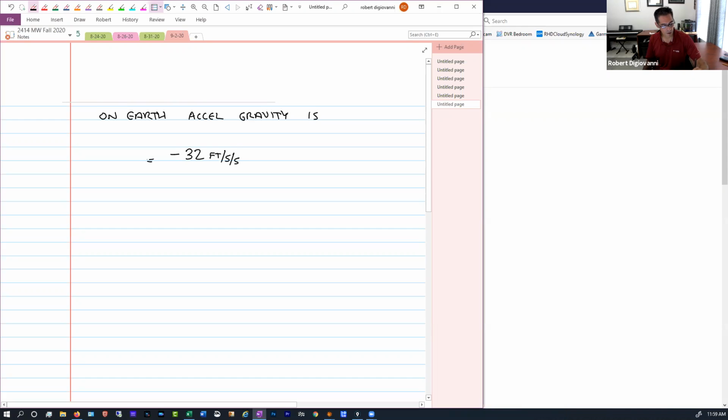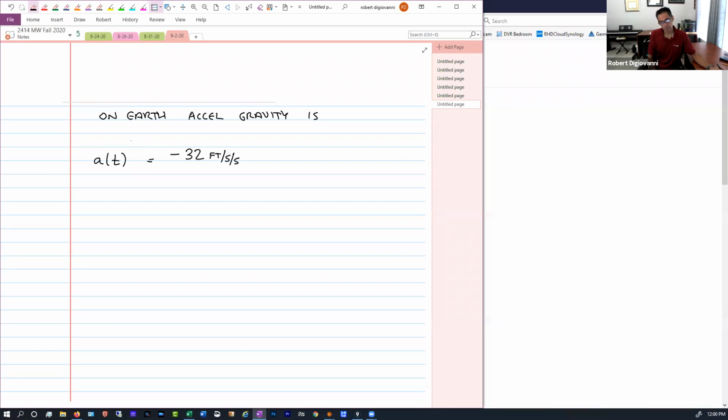So that is actually an acceleration function. I'm going to call it A of t. It's a constant, isn't it? If you drop something on Earth, the acceleration is a constant. And it doesn't matter what you drop. Now, we do have to neglect air here because air does play a role. But if we take air out of the equation, negative 32 feet per second squared is good enough.